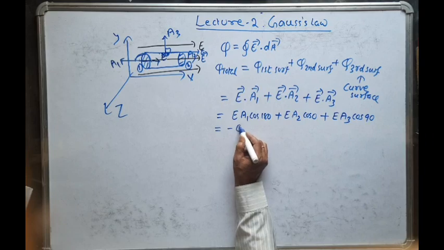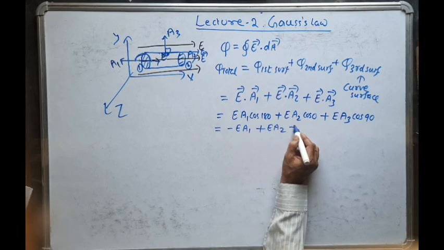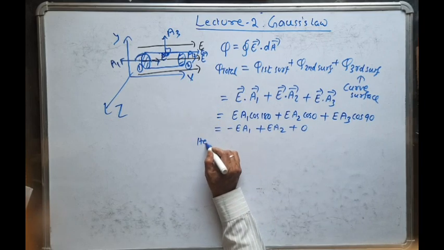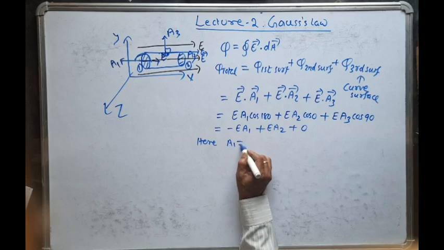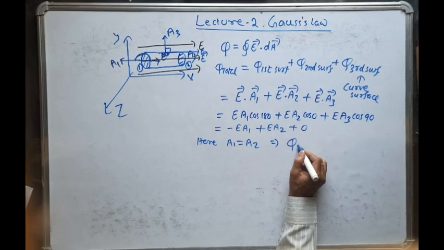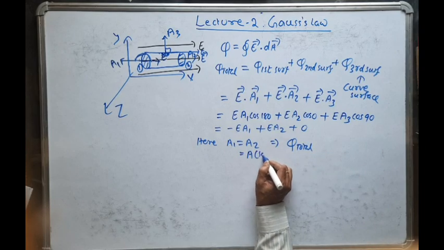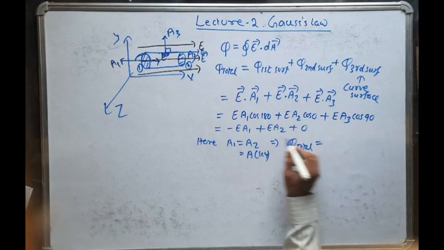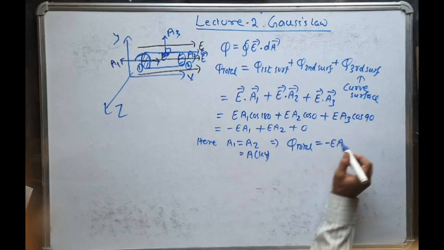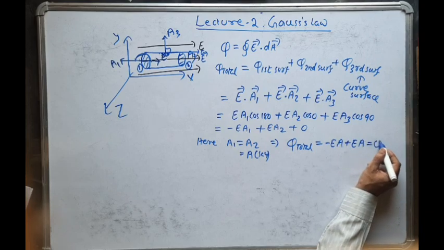That is equal to minus EA1 plus EA2, and cos 90 is 0. But I have taken A1 equal to A2, equal to A. So the total flux is minus E into A plus E into A, which comes to 0.